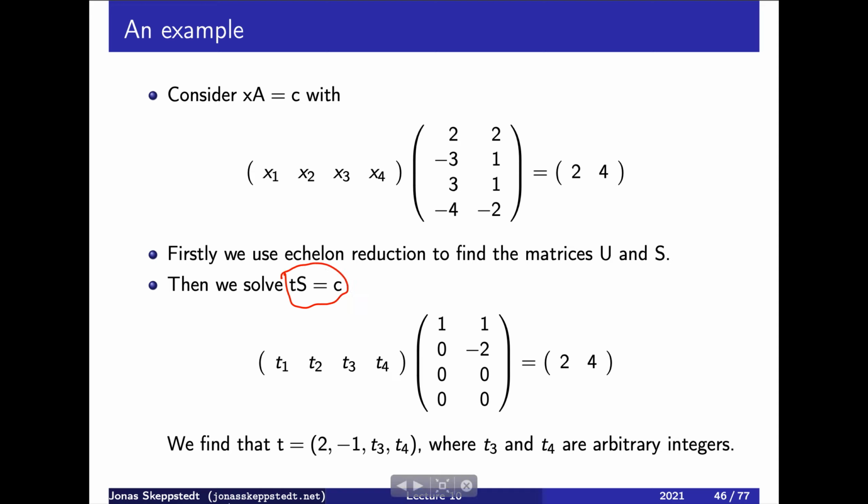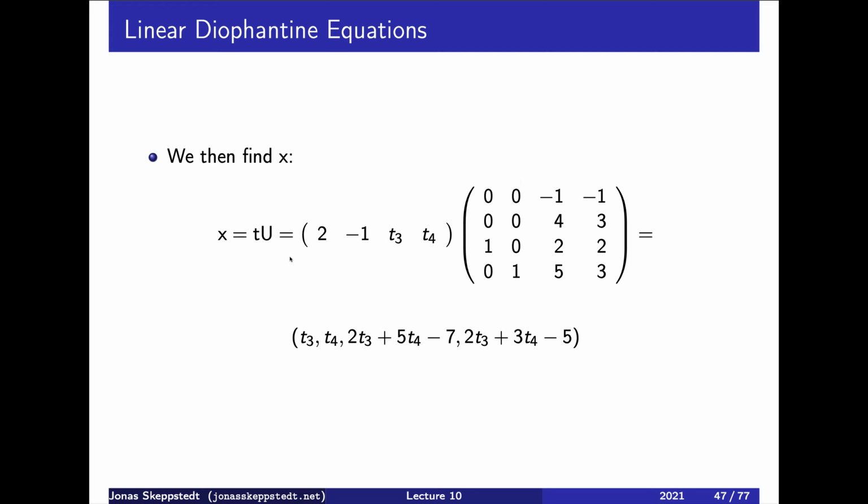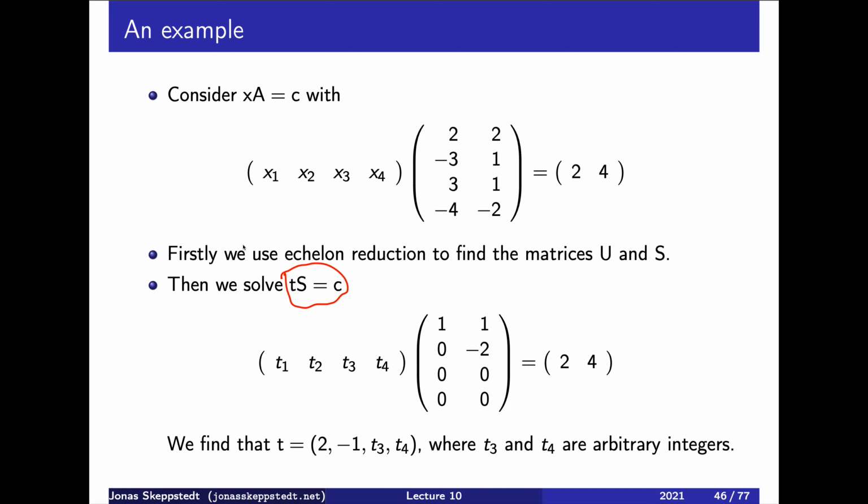And we find this solution, and then we find the solution to this one, like this. So we take the solution to the previous equation and multiply it by U, and then this is the solution to this one. And that is what we will check, whether that solution is within the loop bounds.